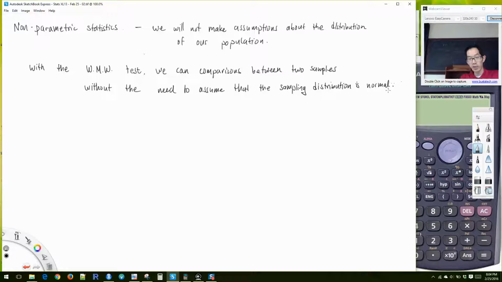Okay, so again, the sampling distribution is kind of the distribution of y bar, right?